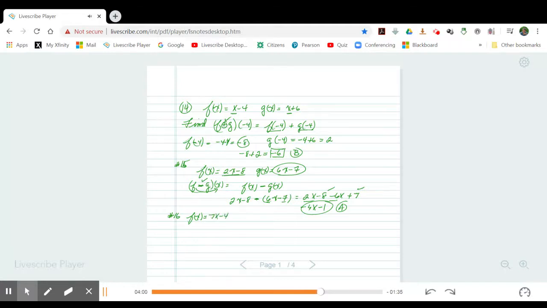The f function is 7x minus 4 times the g function, 4x plus 1. This is your basic FOIL problem. 7x times 4x, 28x squared. The outside terms, 7x times a positive 1 is a positive 7x. Minus 4 times 4x is minus 16x.